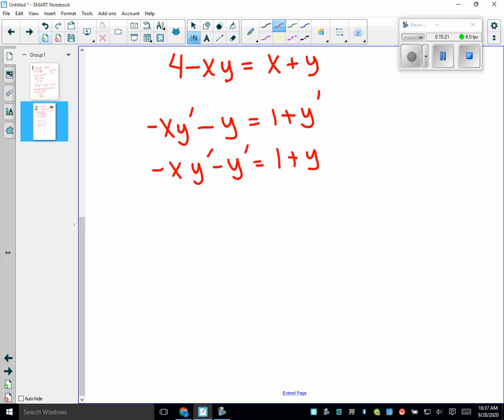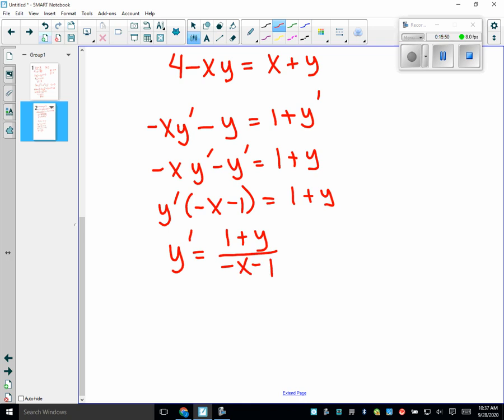I can factor out a y prime, and I have negative x minus 1 equals 1 plus y. Is that right? So y prime equals 1 plus y over negative x minus 1. So now we do quotient.